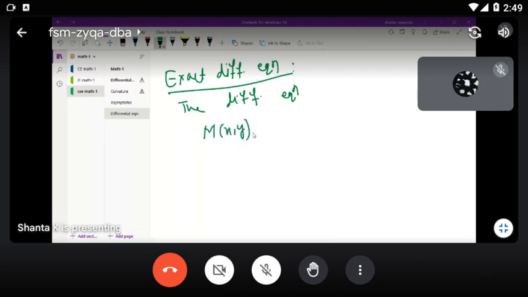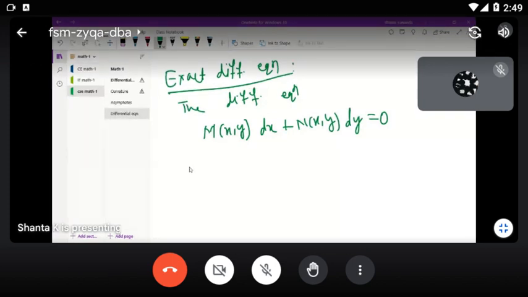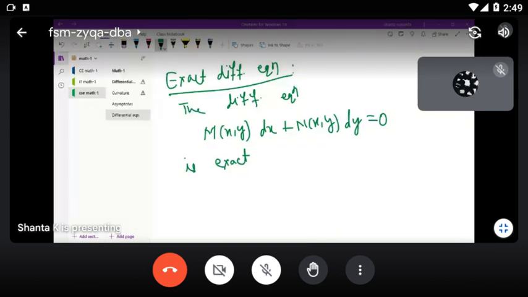So normally our differential equation is of this form, M(x,y) dx plus N(x,y) dy. So this is the differential equation, first order, first degree. So when this is exact, some of you know.